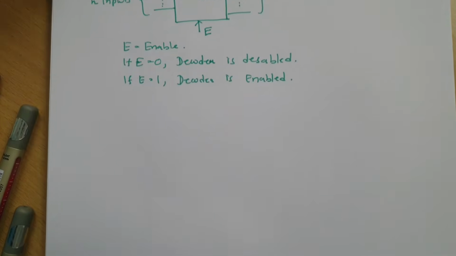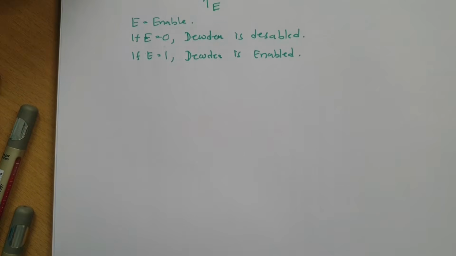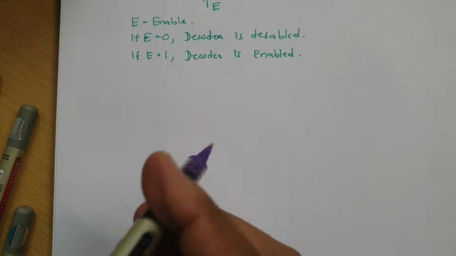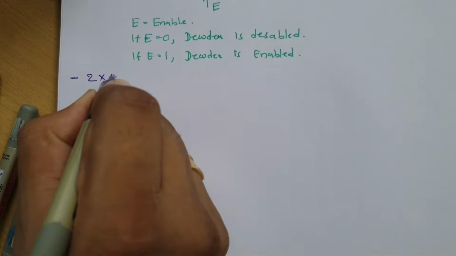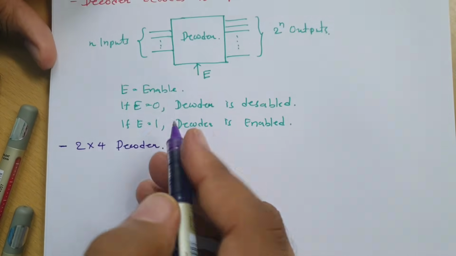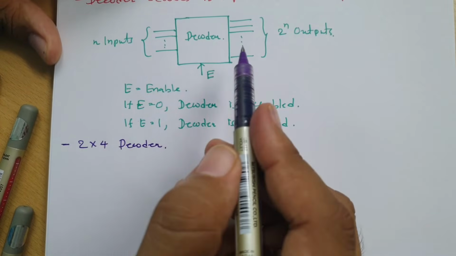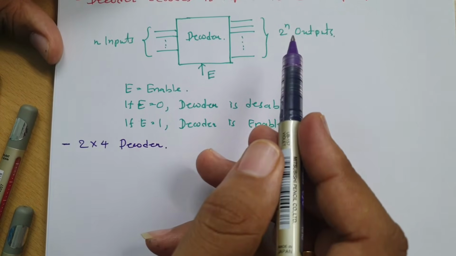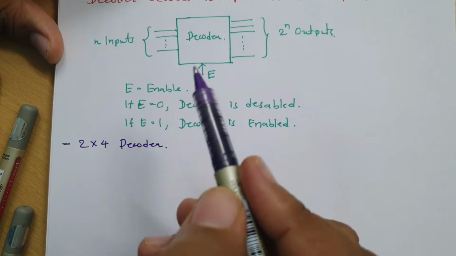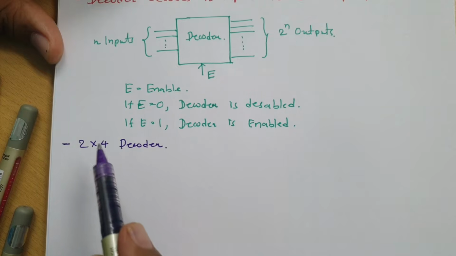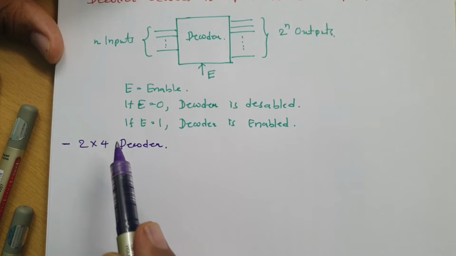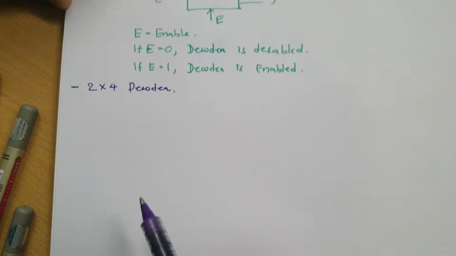So let us try to understand how a 2x4 decoder functions. When we talk about 2x4, as we have seen earlier, a decoder has n inputs and 2 to the power n outputs. So here if 2 inputs are there, then outputs will be 2 to the power 2, meaning 4.